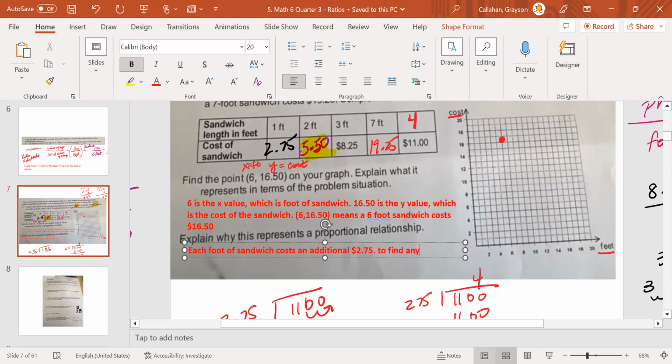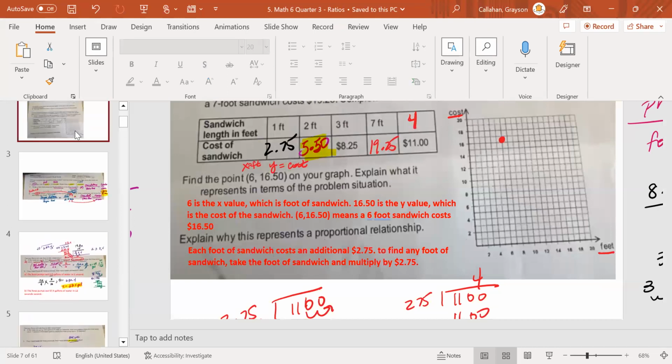To find any foot of sandwich, take the foot of sandwich and multiply by what? $2.75. Because I might want a 100-foot sandwich. You know what I mean? In which you just take 100 times 2.75.